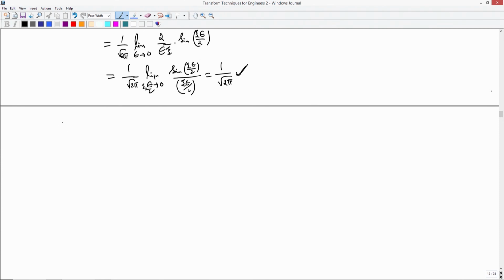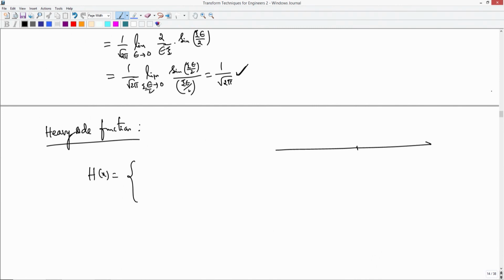And also in the next video, what we see is, if you define your Heaviside function, I will define that as h of x. The Heaviside function is 0 for x negative.